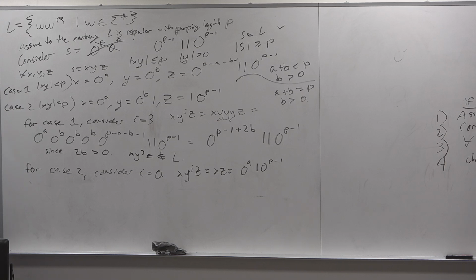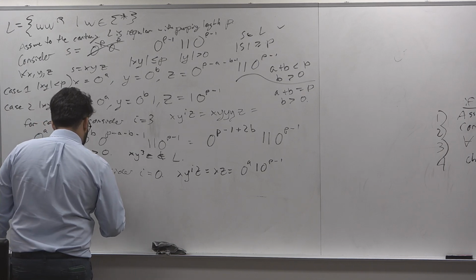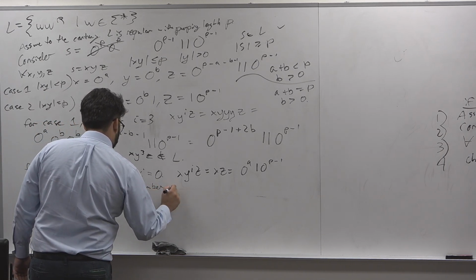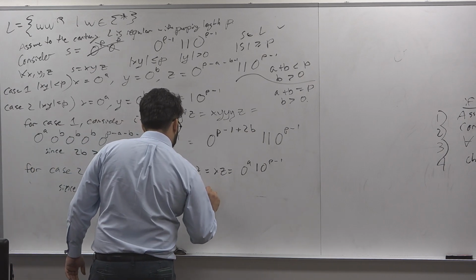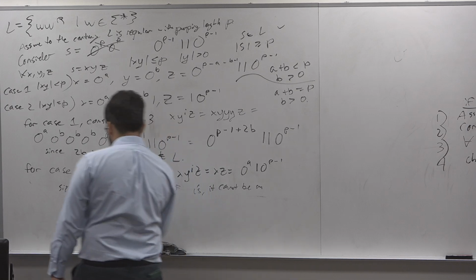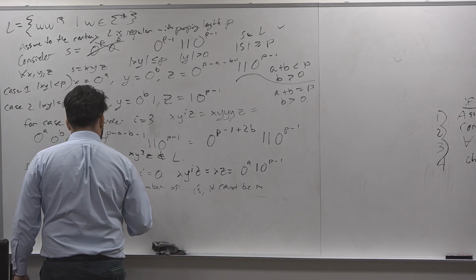It's not even. There's only one. Exactly. Since xz has an odd number of 1s, it cannot be an even length palindrome.